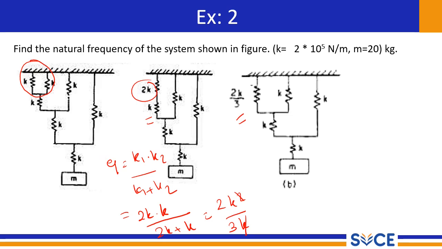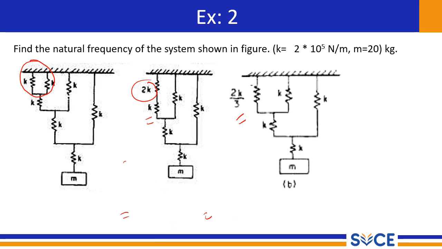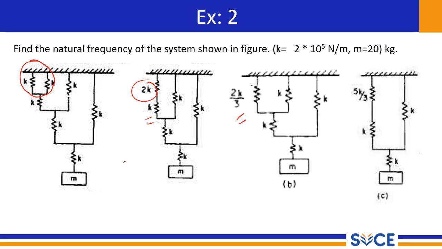Similarly, we go for the next one in the same system. Now the springs are connected in parallel, so we just add them. 2K by 3 plus K will give you 5K by 3.